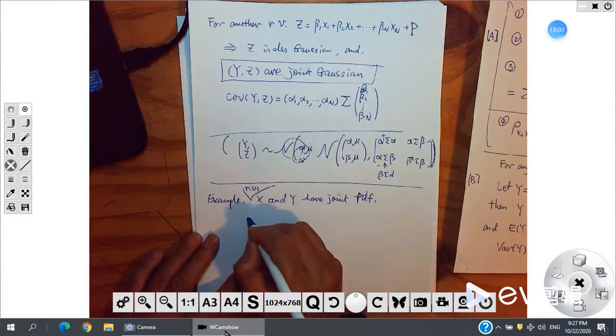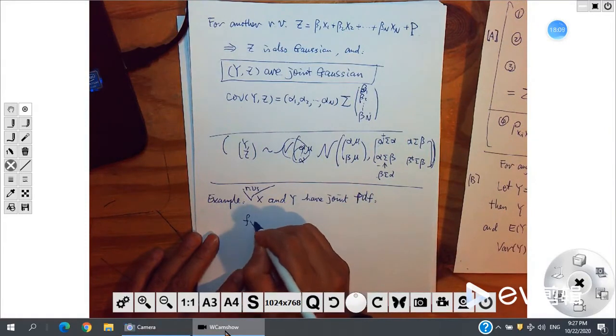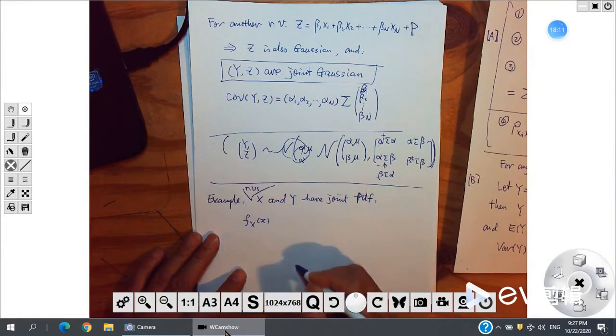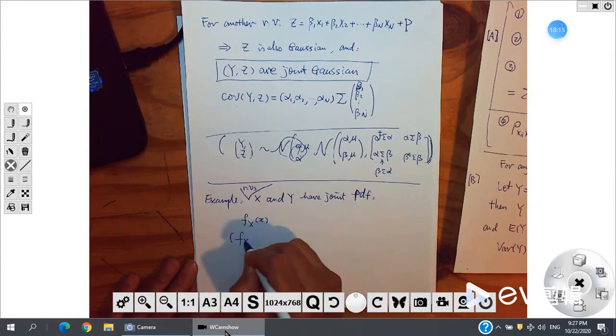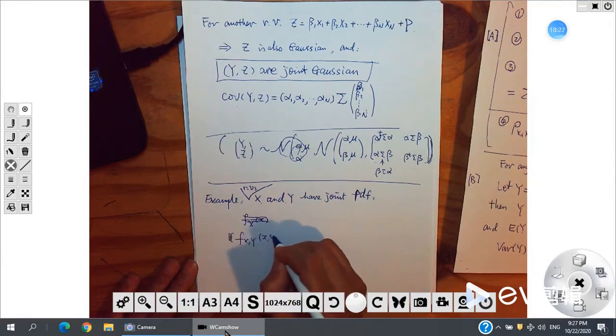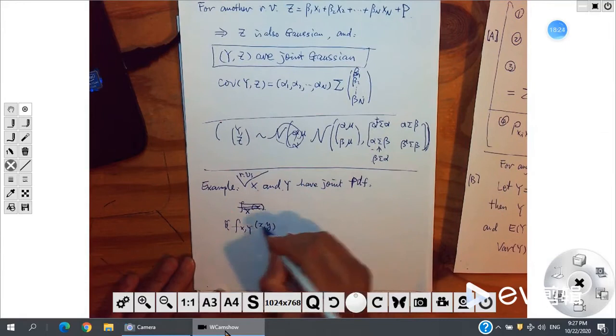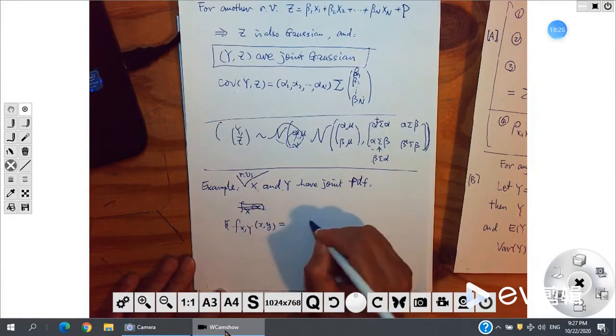It is f of x. Actually, this is a second order system, so you can also write as f of x and y, right? Just like this, f xy. Here's x and y. We have two random variables, right? X and y. This will be some.